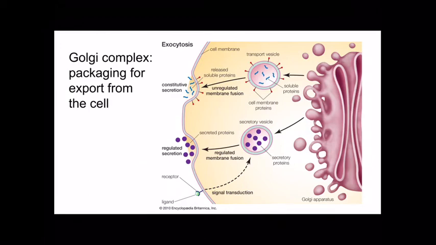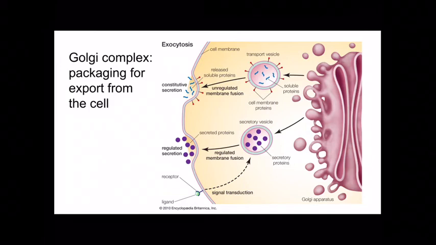An example of that would be a nerve cell producing neurotransmitters. Neurotransmitters are the chemical communication aspect of nervous system communication. That cell is going to produce those neurotransmitters and put them in a secretory vesicle, and that's happening in the Golgi complex.